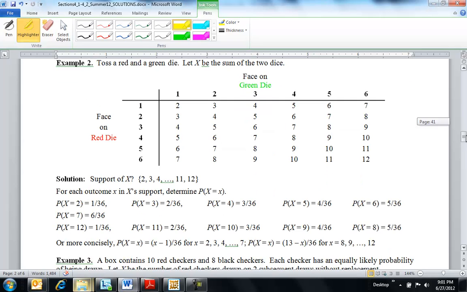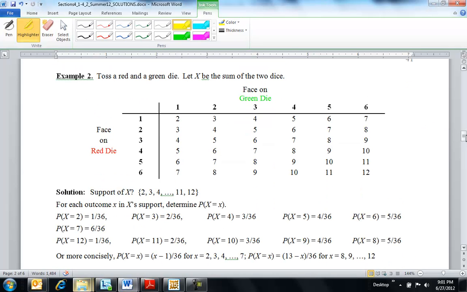Here was just a nice example. Toss 2 different dice, one green and one red, and add up their faces. So a 4 and a 2 would give you a sum of 6, a 5 and a 2 gives a 7, a 6 and a 3 gives a 9. These are all possible outcomes, 36 of them. What is the support of this random variable? The sum of 2 dice could be anywhere from 2 to 12. Then we'll start practicing putting probabilities with those, and right now a lot of it will just be counting.